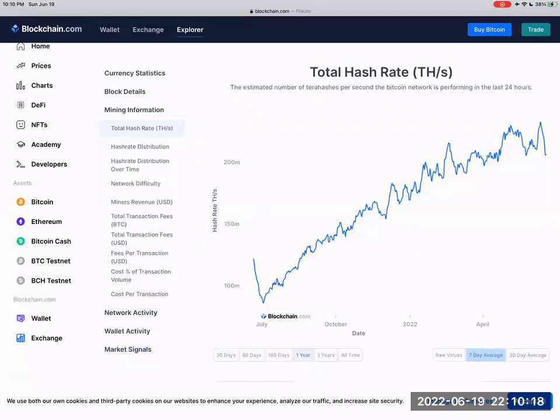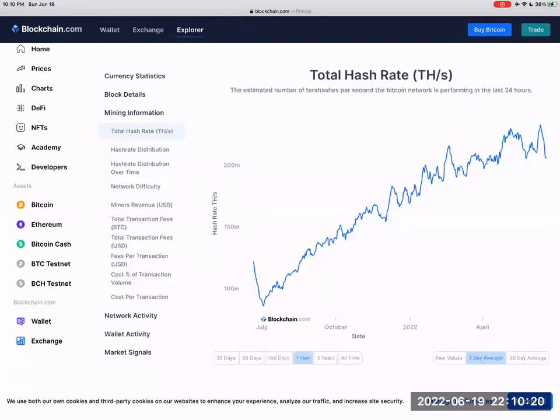Let's calculate. It's 200 times 10 to the 6 times 10 to the 12. So how many zeros do we have here? 12 plus 6 plus 2, right? So we have 20 zeros. So what does 20 zeros mean?